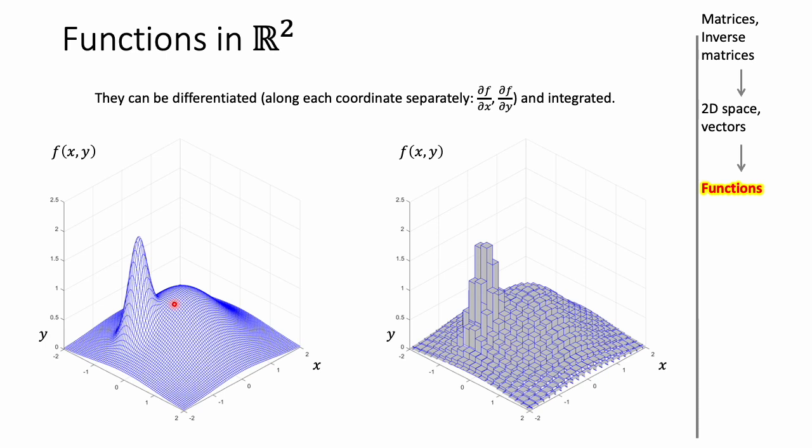Every other derivative in another direction will be a weighted sum of those two. And the way to write these derivatives is shown here by using such roundish d signs. That's the partial derivative sign. And the whole expression here is called the partial derivative of f with respect to x and with respect to y. We can differentiate these functions with slight modification, but we can.